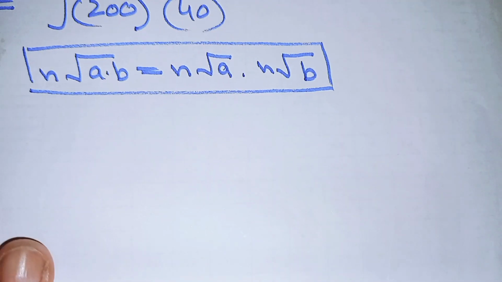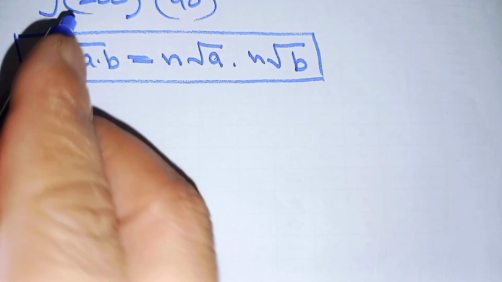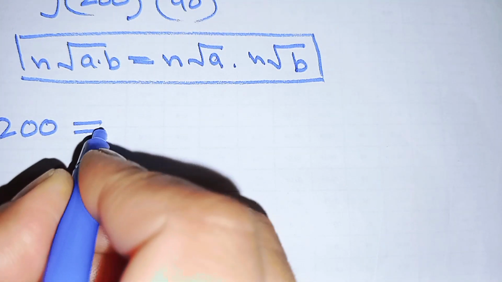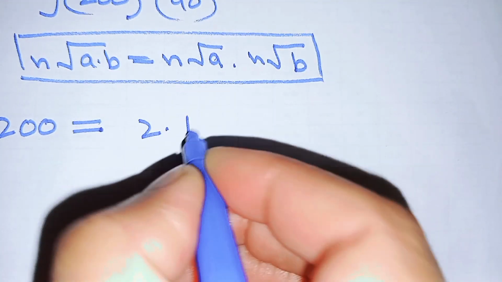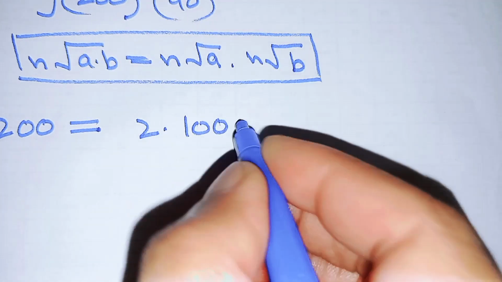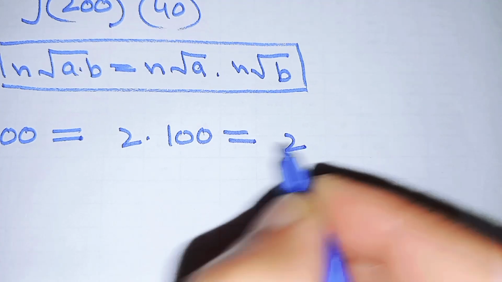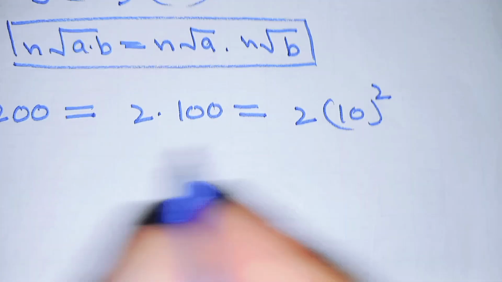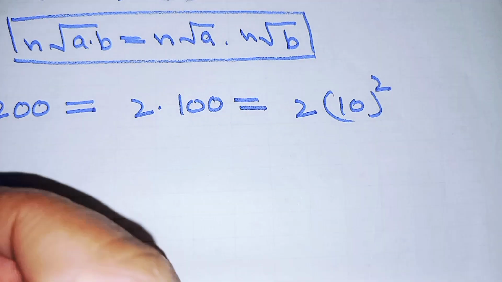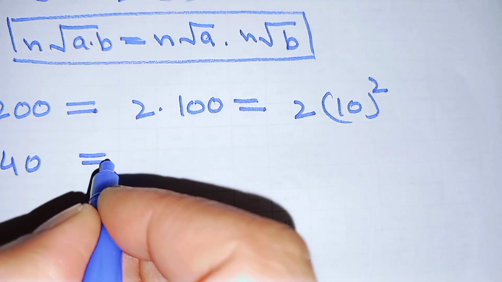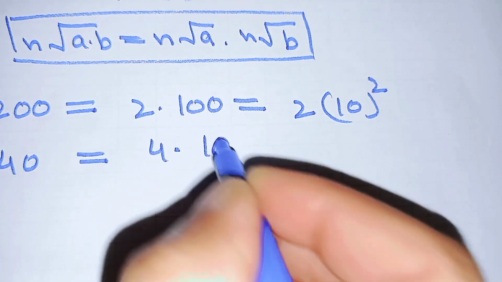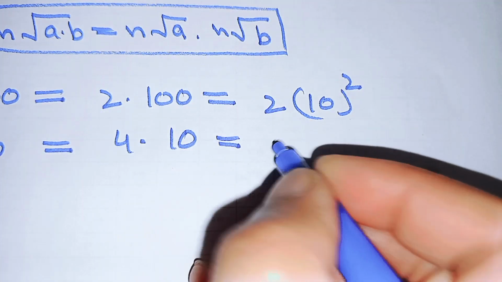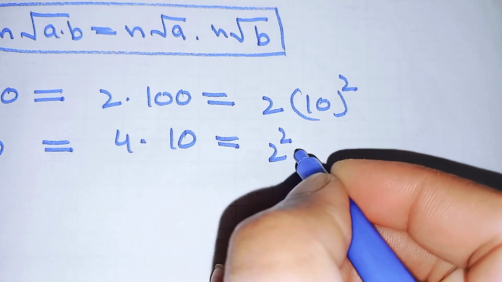So here it is, 200 can be written as 2 times 100, which is 2 times 10 squared, and 40 is 4 times 10, where 4 can be written as 2 squared, and then times 10.